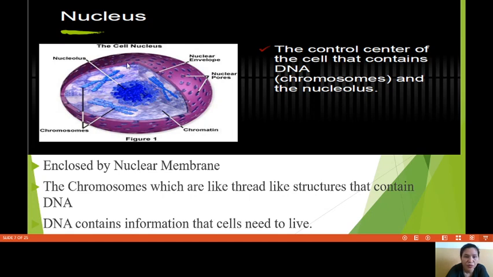Inside the chromosomes, we have the DNA, which contains the information that we need to live or to survive. That's why your nucleus is the power or the control center. It's like the brain of our body. This is the brain of your cell. They are the control manager, the control center. So that is your nucleus.